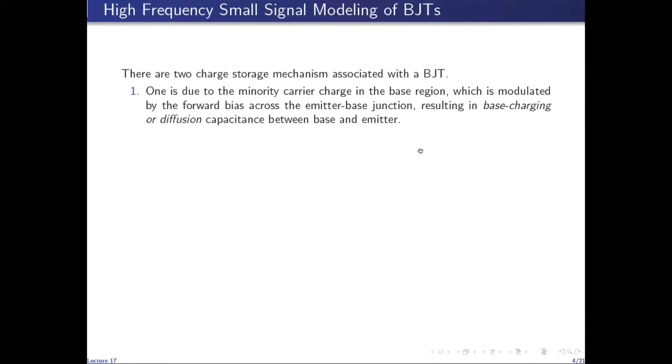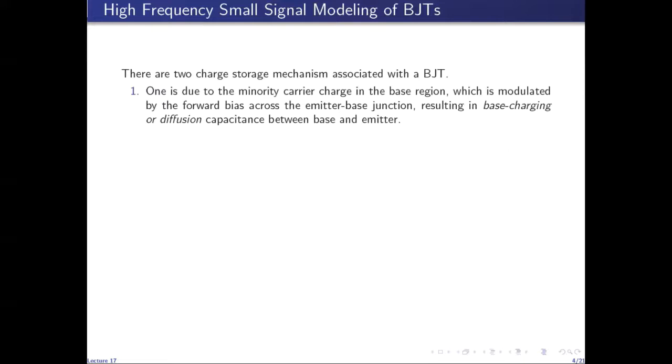So the greater the forward bias across the emitter-base junction, the greater is the number of electrons injected by the emitter into the base region, and then the greater is the electronic charge, or minority carrier charge, stored in the base region for the time that the electrons take to cross the base region.